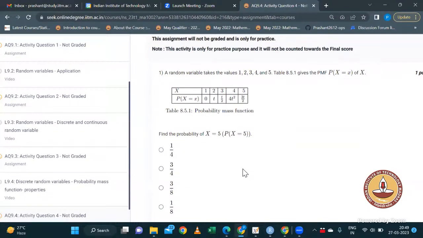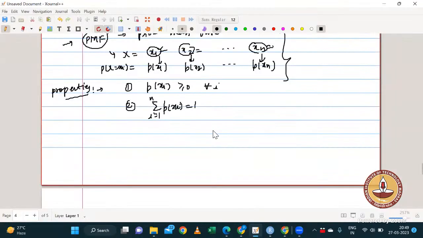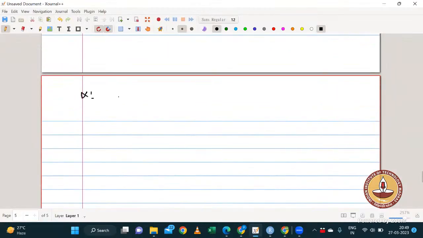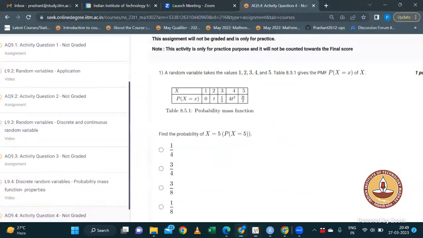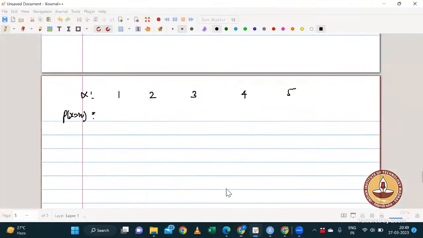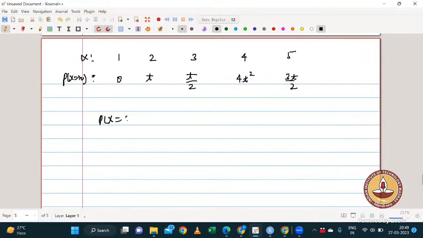In the first, x takes the values 1, 2, 3, 4, 5, and probabilities are associated with each x. They are 0, t by 2, 4t square, and 3t by 2. The question asks what is the probability of x equal to 5.